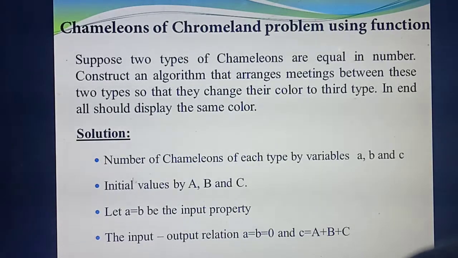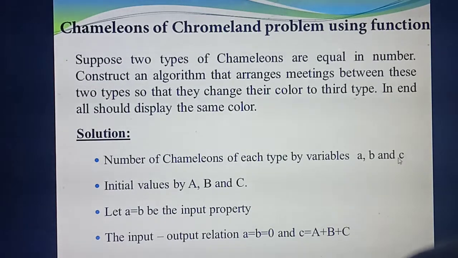Okay, so now you are going to write the problem. First, listen: the number of Chamberlains of each type, a very important question. The number of Chamberlains of each type is given by variables A, B and C. I said Chamberlains of two types, same in number, are going to change to the third type. So how many variables are required? 3. Two Chamberlain types equal in number change to a third one. What are the variables they are declaring?